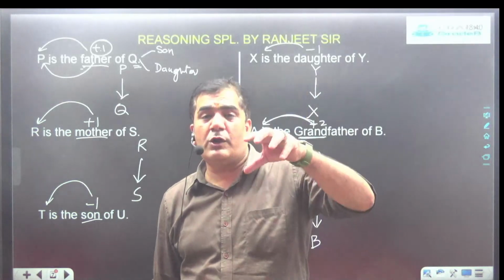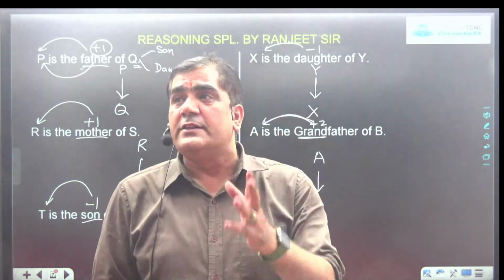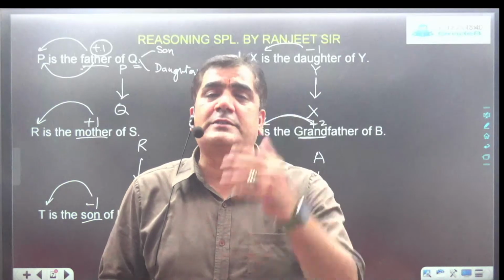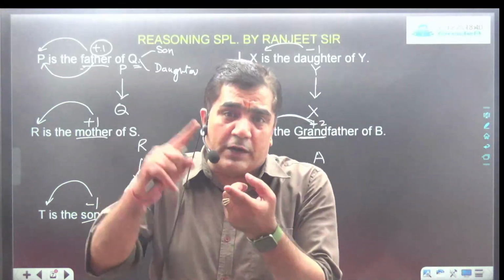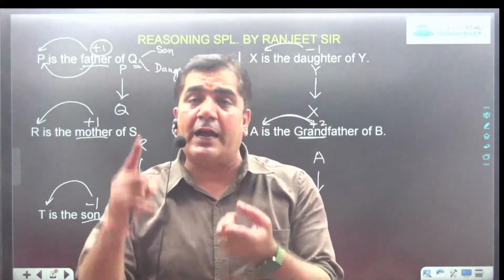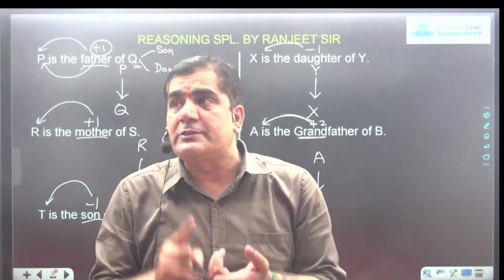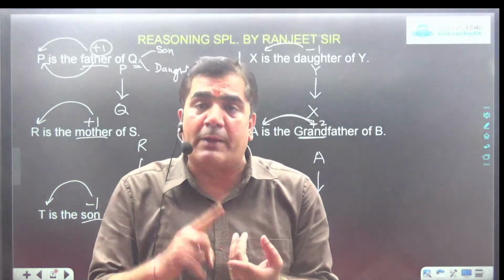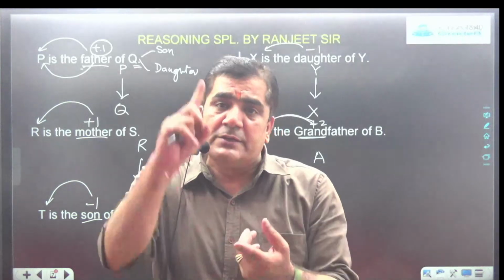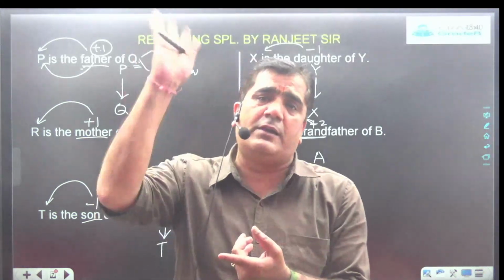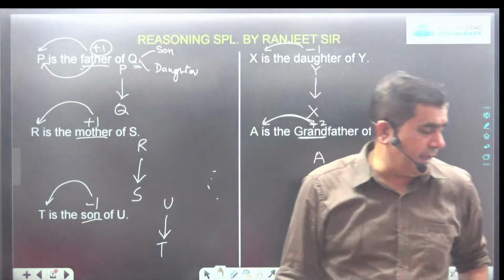Most students make the common mistake of assumption. They assume that Q will be son or Q will be daughter. They have not given anything about Q. Q can be male or female. You should not assume the gender of the variable. Clear?